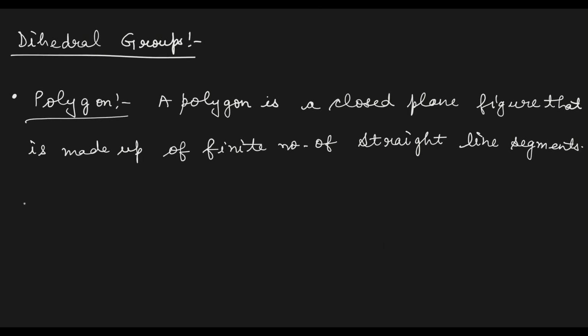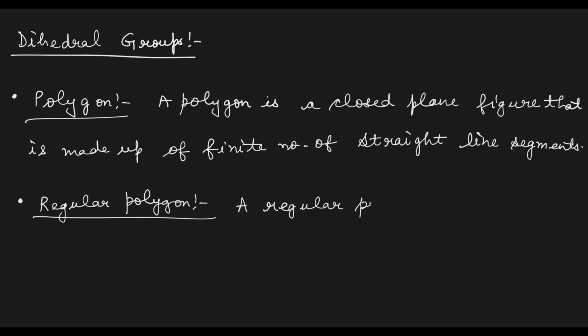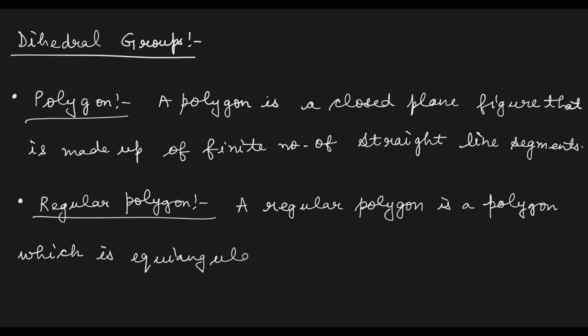Regular polygon. A regular polygon is a polygon which is equiangular and equilateral.